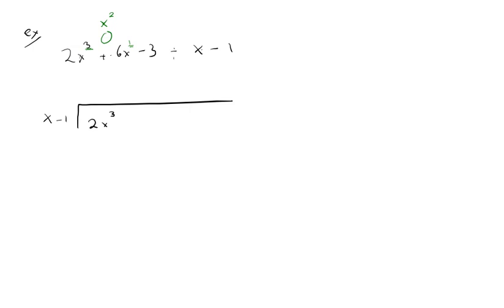I skip it over, but I am not allowed to have a space. I'm not allowed to skip numbers. So if I have a missing number, I need to fill it in with a 0x squared.